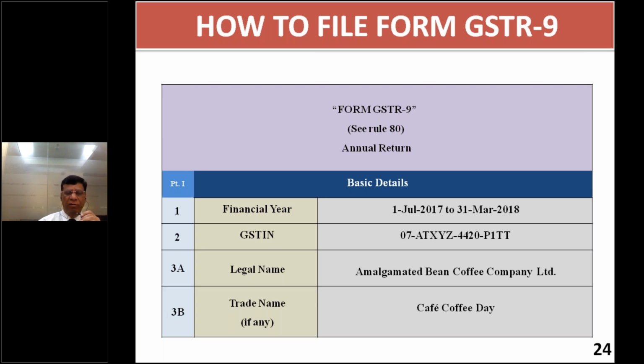So financial year we have to write from 1st July 2017, GSTN is auto-populated, legal name you very well know, like myself, Virender Chauhan. This is my legal name, but I'm doing my business in the name of AVC and Company, Chartered Accountants. So that is my trade name. So you very well know Amalgamated Bean Coffee Company Limited is having its trade name as Cafe Coffee Day, normally called CCD.